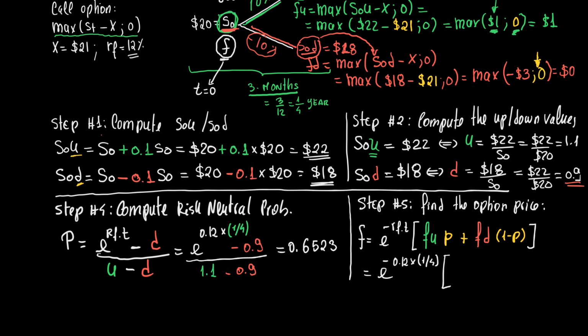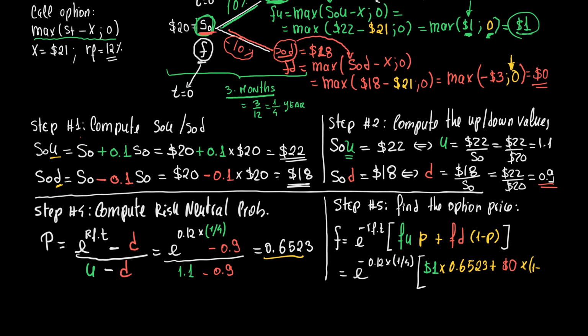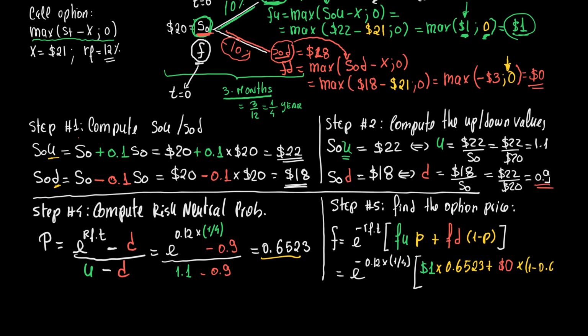All of this multiplied by the payoff of the option going up, which is $1, multiplied by the probability we computed, 0.6523, plus the payoff of the option going down, which we saw is 0, we didn't have any advantage to exercise, multiplied by 1 minus 0.6523.